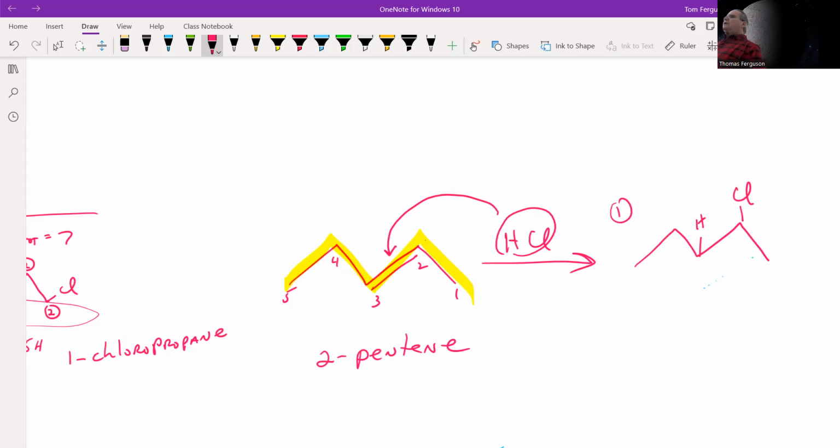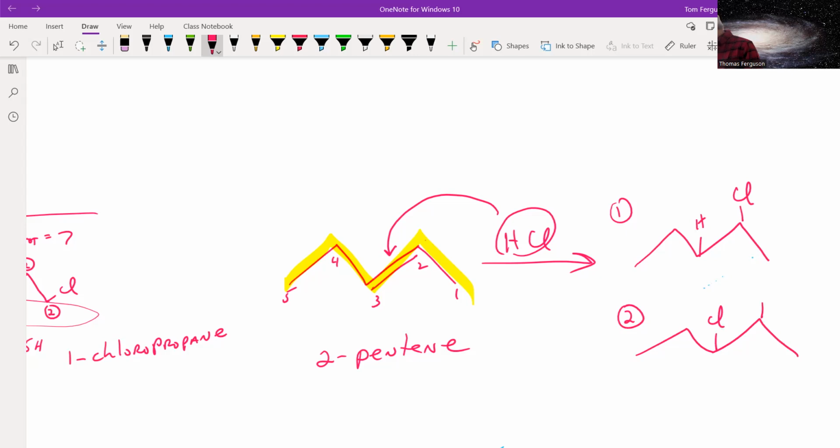The HCl is going to add directly across the double bond with the H on the left, Cl on the right. Statistically, though, half the time it's going to be HCl. The other half the time is going to be ClH. It's purely statistics. And when that happens, you have a mixture.